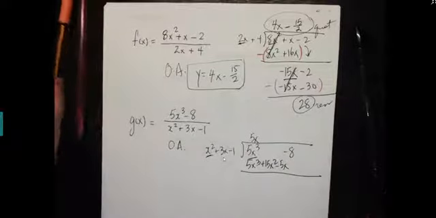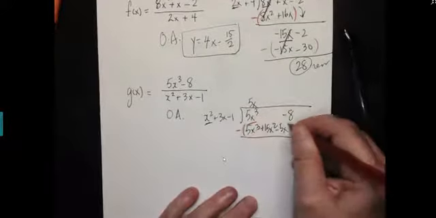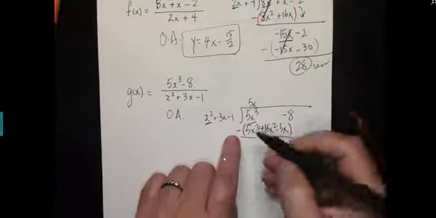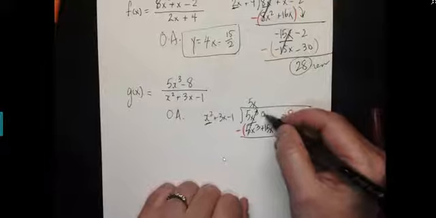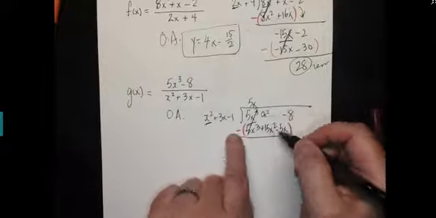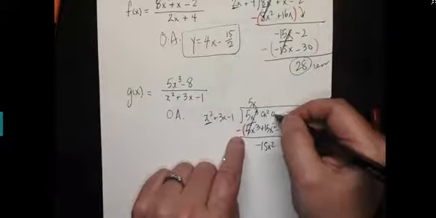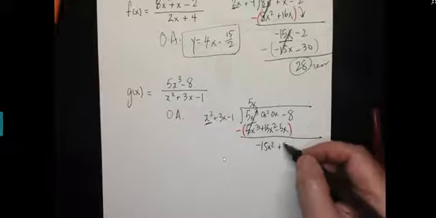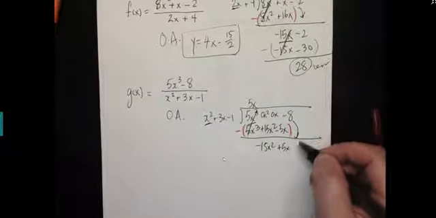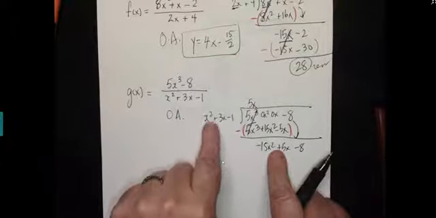Then I subtract. And we have to subtract everything. So 5x cubed minus 5x cubed, that goes away. 0x squared minus 15x squared. There's no x term here, so think of it as 0x plus 5x. And then this -8 comes along for the ride. This has degree 2, that has degree 2.